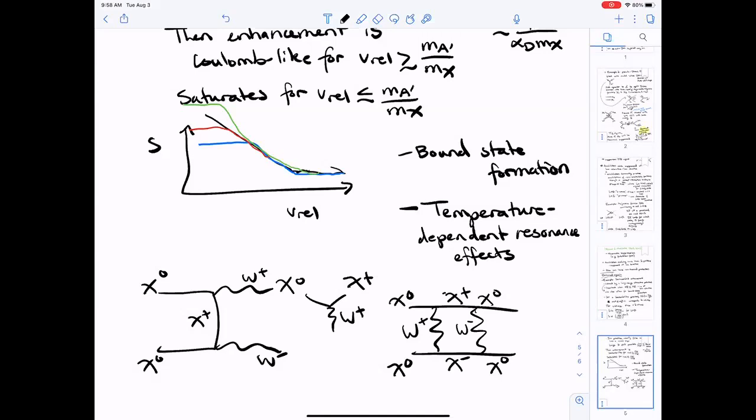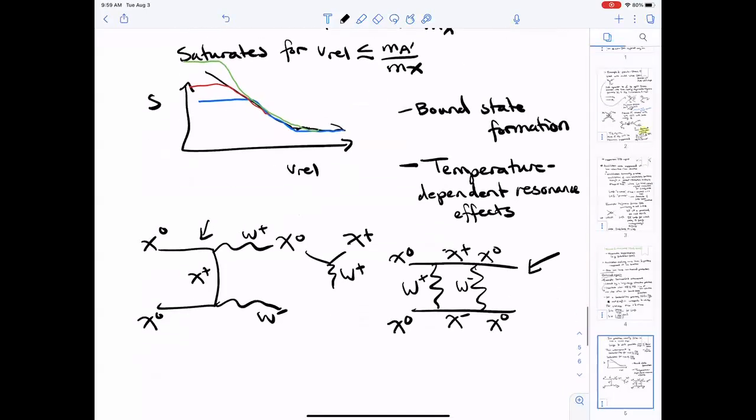In this case, you're exchanging a W in the t channel, and in this case, you're exchanging a chi plus in the t channel, but it's exactly the same vertex. So that's a case where the vertex responsible for the annihilation is the same as the vertex responsible for the long range potential. But you could also have a situation where this long range potential is going on, but the dominant annihilation channel is a totally different vertex. So it can happen either way.